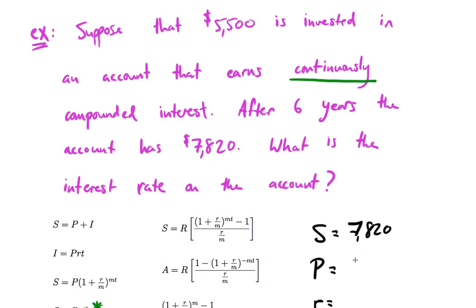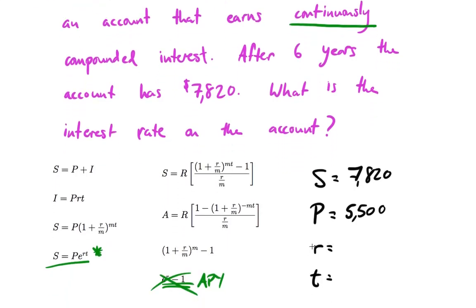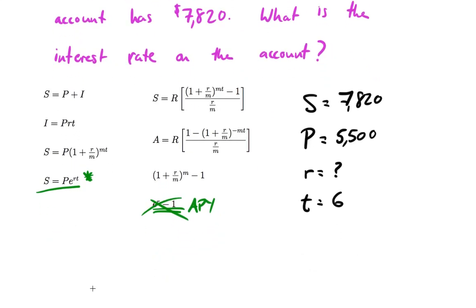The principal amount was $5,500. The interest rate as a decimal, that's little r, that's what they're asking us about. What's the interest rate? And so T, time in years, ends up being 6. And again, if you want to check your work and try this problem, and I suggest that you do, the answer you should get is r is 0.05866 if you round.